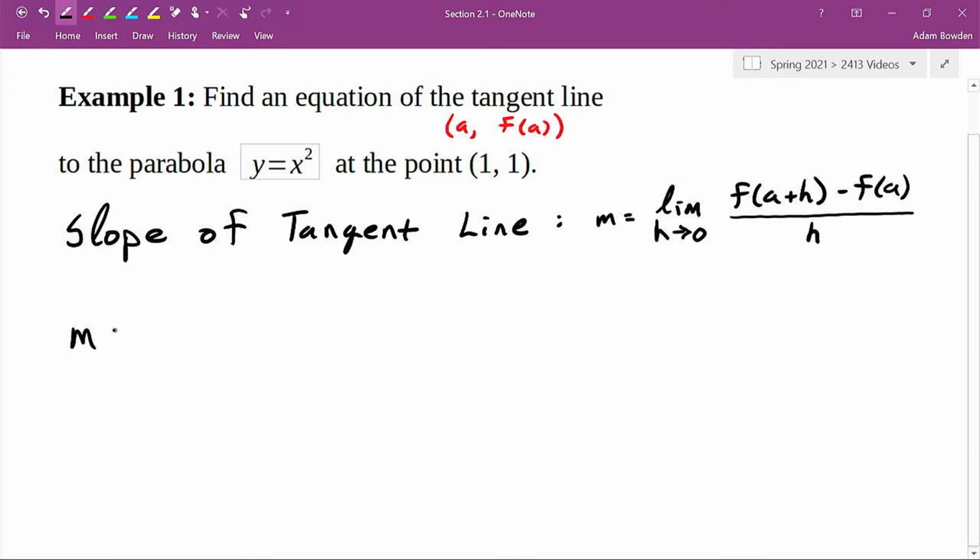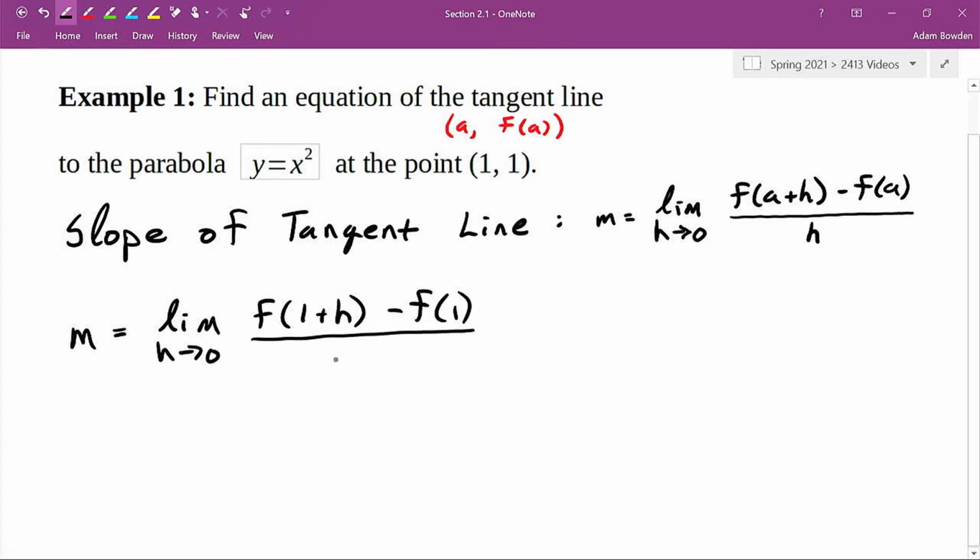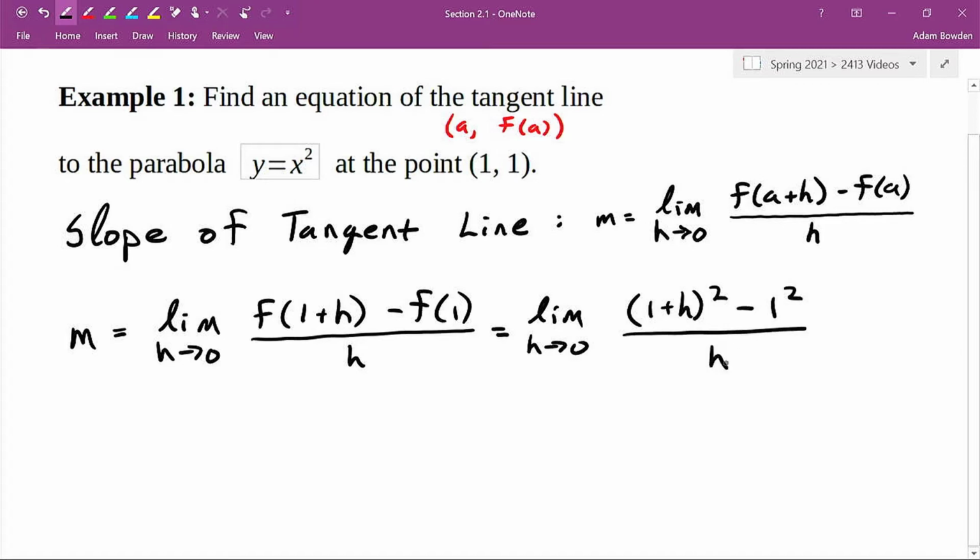So calculating the slope of the tangent line, I'll do that by taking the limit as h approaches 0 of f of 1 plus h minus f of 1 all over h. And so we'll calculate that. That'll turn into the limit as h approaches 0 of (1 plus h) squared minus 1 squared all over h.